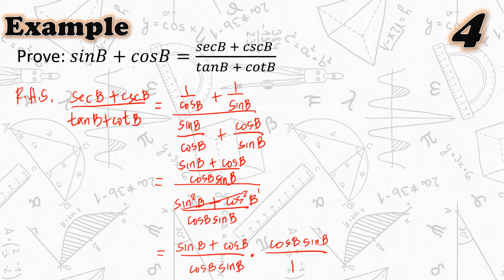Now, cosine B sine B over cosine B sine B is equal to 1 also. Therefore, the right-hand side is now simplified as an expression that is equal to the left-hand side, sine B plus cosine B. Hence, the identity is proven.